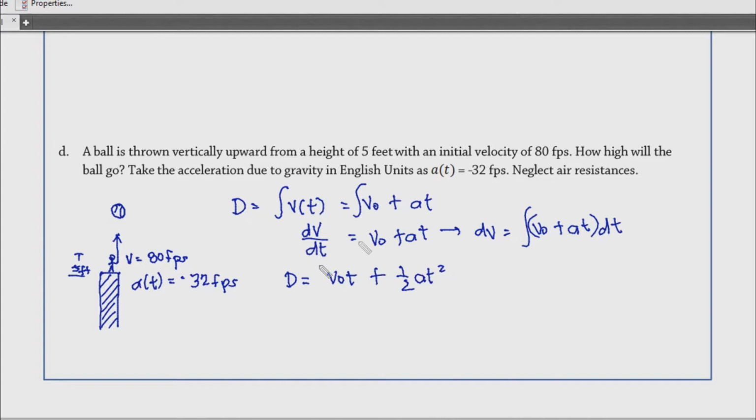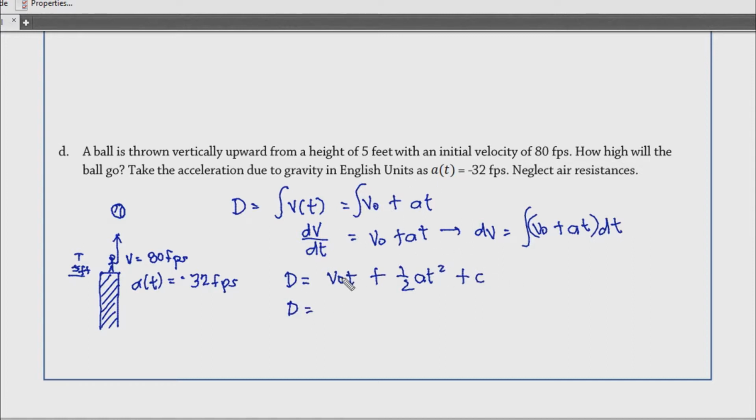And remember, diba, ito yung distance. Kung alam nyo sa physics, this one is your general distance formula for any object that is moving with an acceleration that is usually constant naman. Ito yung general formula, and then of course, we add the constant of integration, so that is plus c. Lagyan natin ng values ito, no?